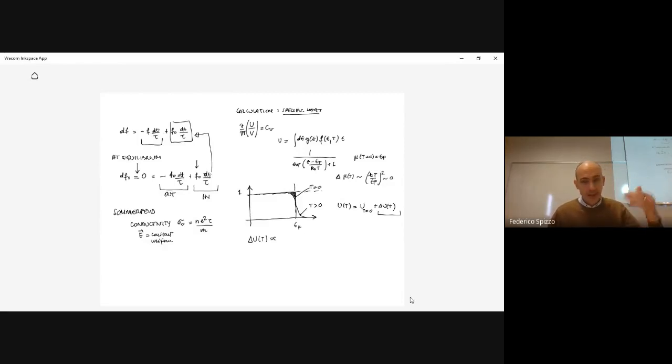But on the other side, you also have additional levels corresponding to an energy that is larger than EF. So you have shifted some electrons from levels below EF to levels above EF.